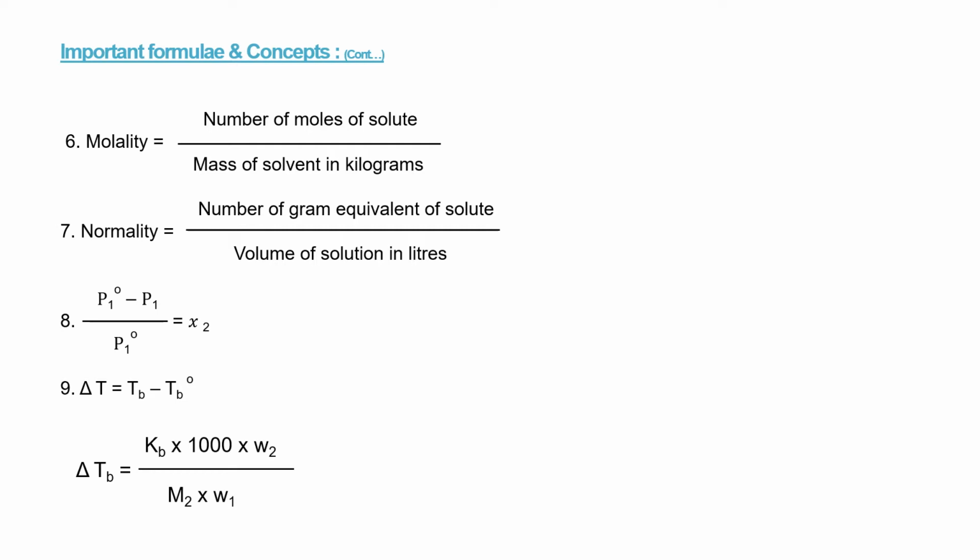Then 1000 is the term which is required because it is in gram. W2 is the weight of your solute, divided by M2, that is the molar mass of your solute, and W1 is the weight of your solvent in gram. Whenever it is in gram, at that time you have to multiply with the 1000 term.